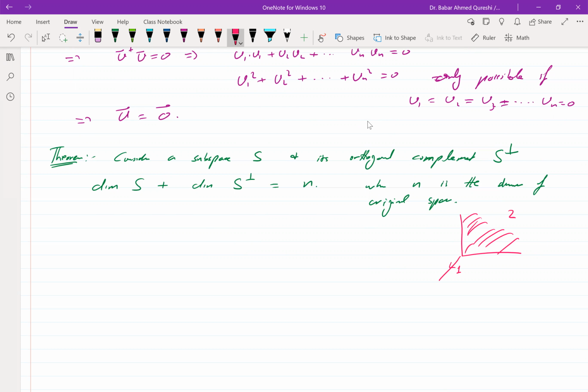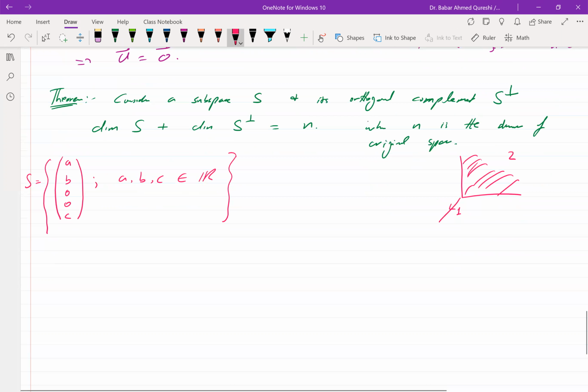And in that example, let me take another example. Let's consider this space in R5, where A, B, C are arbitrary.